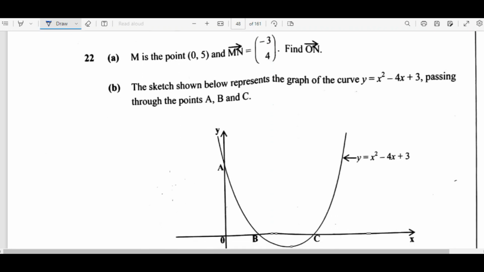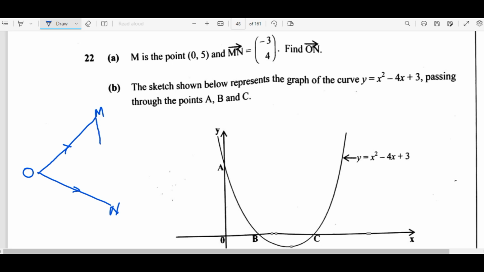So we move on to question 22. M is the point (0,5) and MN is given, find ON. So let's see if we can make a visual diagram. So this is our origin. Then we put our M here, N here, then with these arrows.